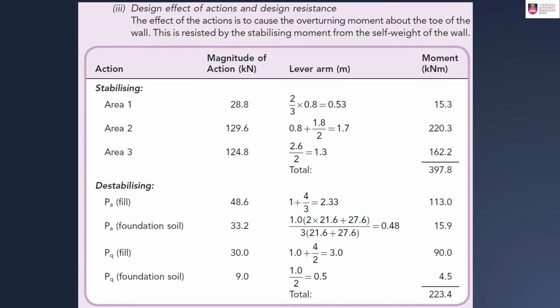The next one is the design effect of actions and design resistance. The effect of the action is to cause the overturning moment about the toe of the wall. This is resisted by the stabilizing moment from the self-weight of the wall.